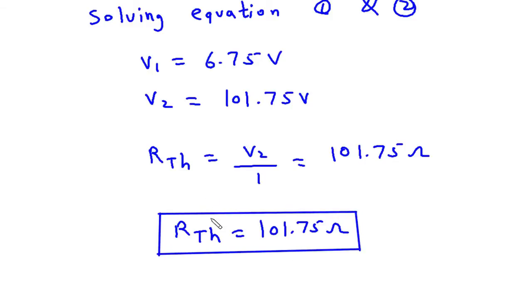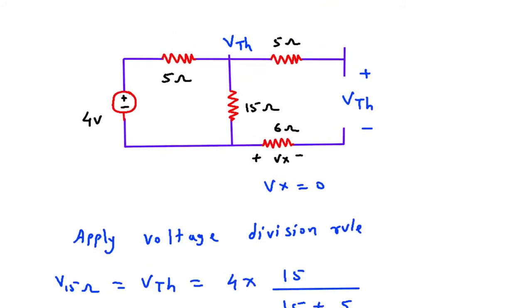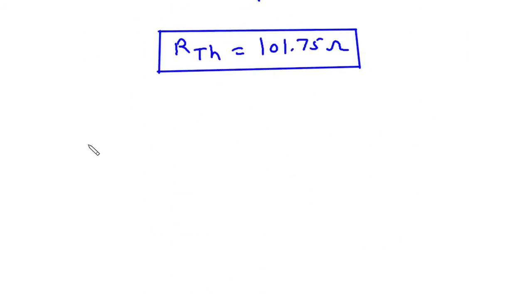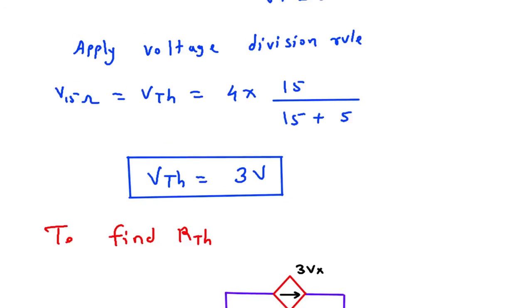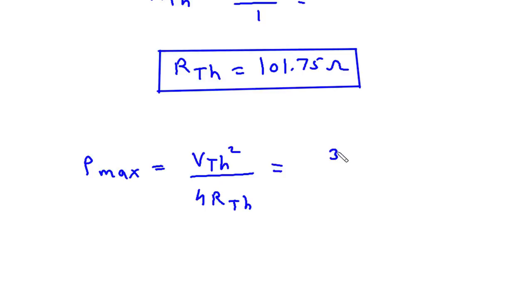Now we have the value of RTH and VTH, so we can find the value of Pmax. Pmax is equal to VTH square divided by 4 RTH. So VTH square is 3 square divided by 4 into RTH.